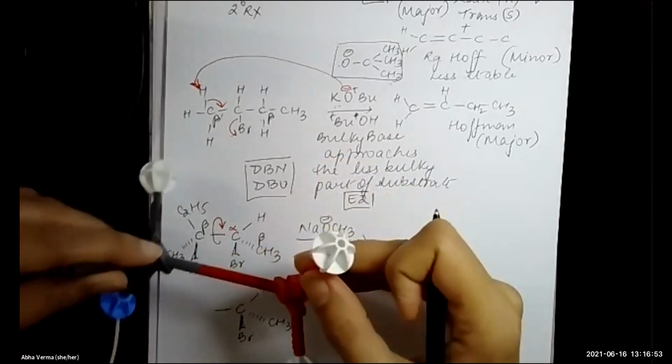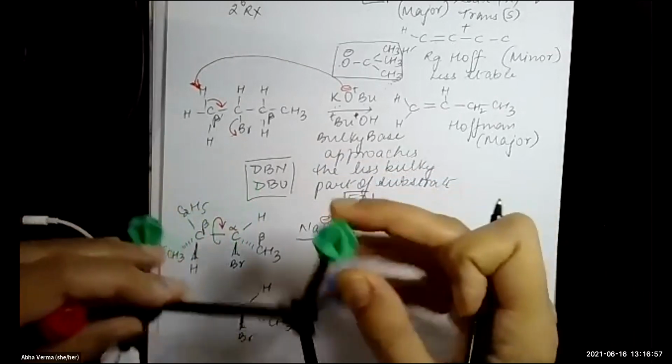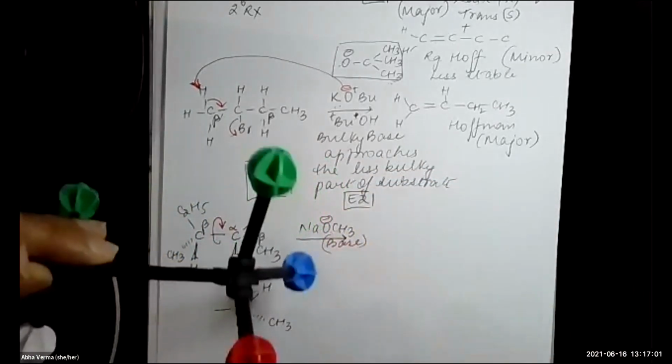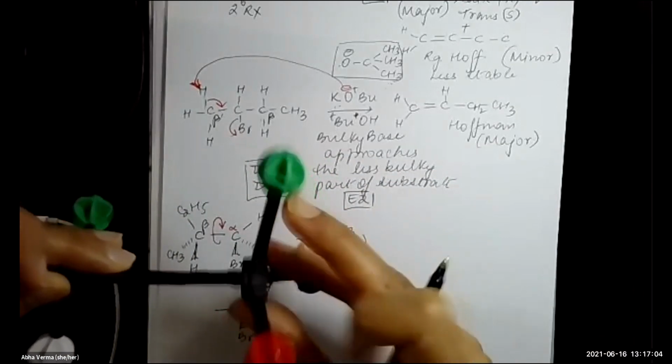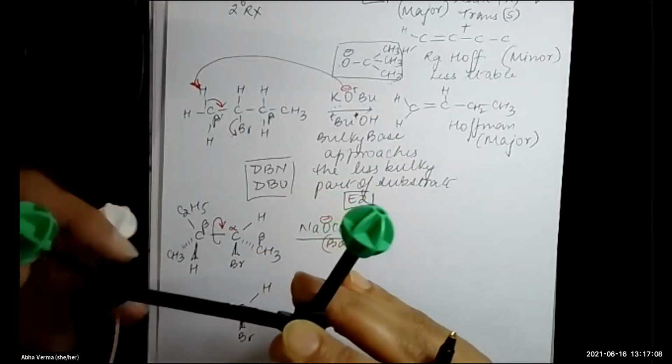So all of my groups are there. My hydrogen is there, my methyl is there, my bromine is there. I'm keeping this part intact and I'm just rotating these guys right here.